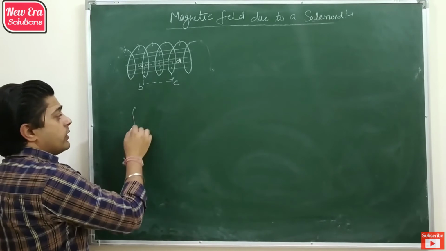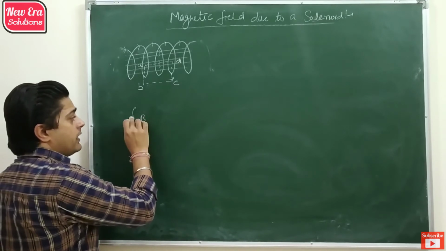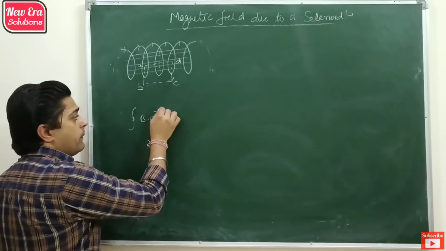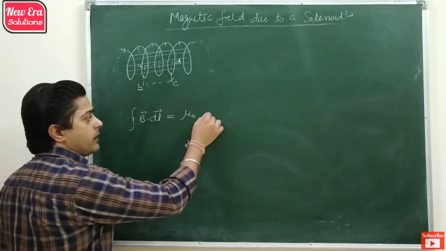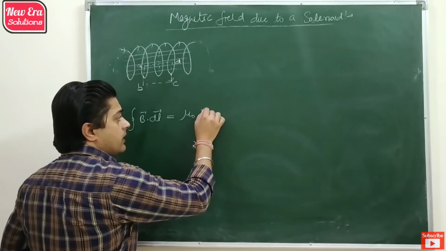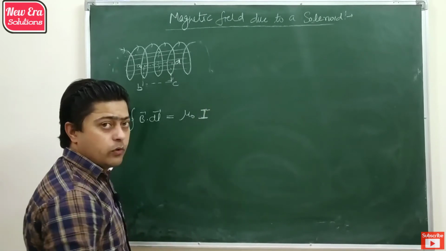Then according to Ampere's law, the line integral of magnetic field is equal to mu naught times the current passing through the loop.